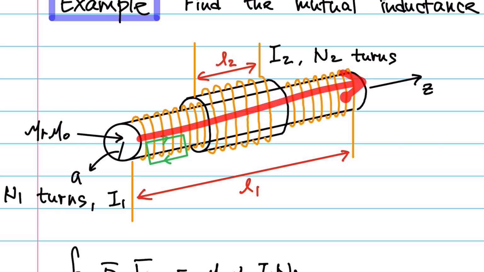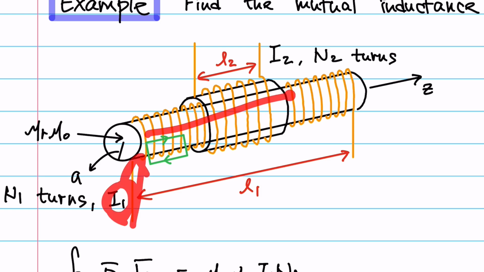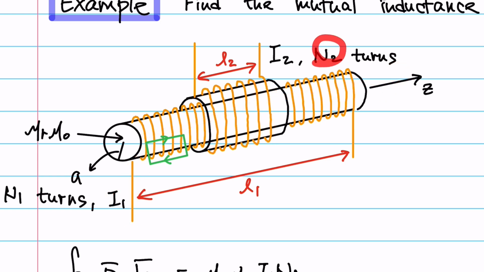One thing to note is that all the magnetic flux flowing through this core will also flow through these wires. All the magnetic flux generated by current number 1 is going to go through these second wires, which has a current of I2 and the number of turns of N2.